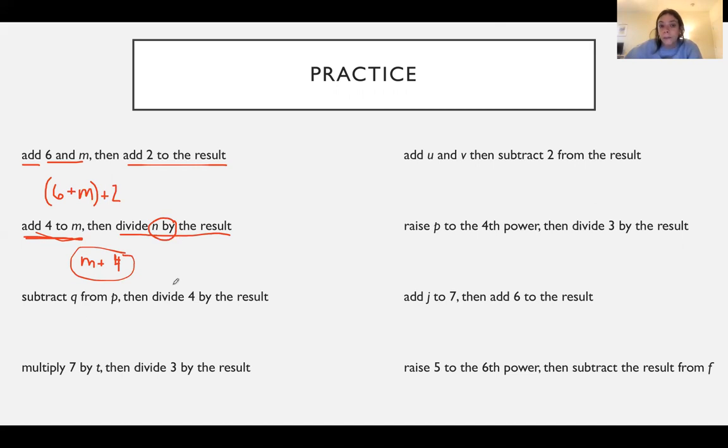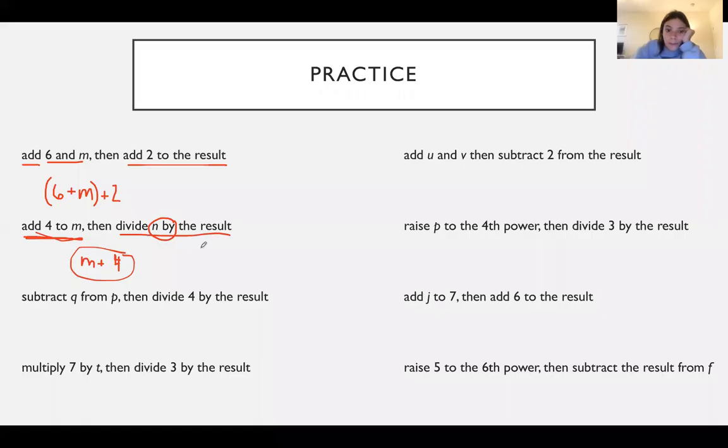Since we're dividing n by the result, that means n is going to be on top, and below is going to be m plus 4, because n is getting divided by the result of m plus 4.